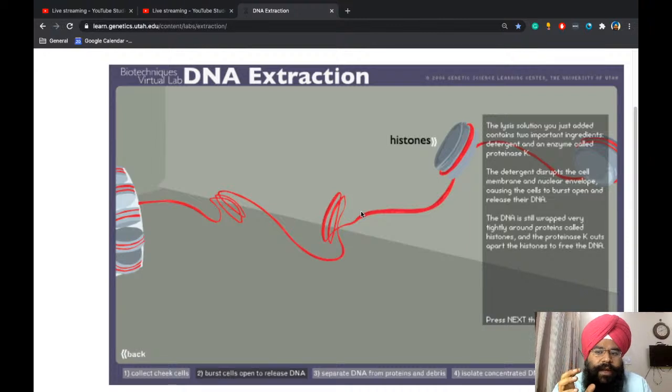The DNA is still wrapped around these histones, so protein kinase K cuts these apart to free the DNA. So protein kinase K helps to break your histones apart from your DNA, and detergent helps to break apart your cellular membrane.